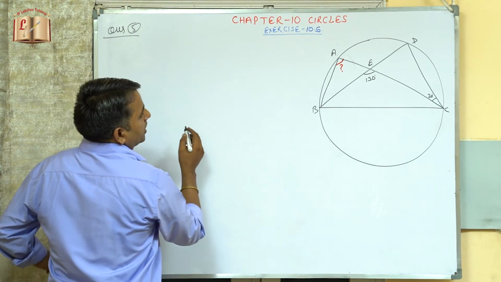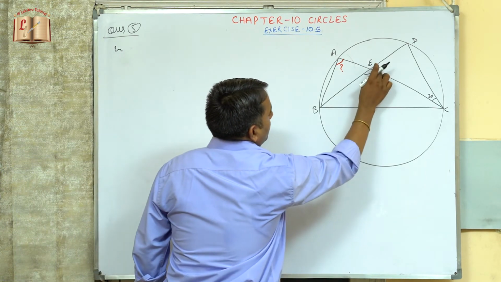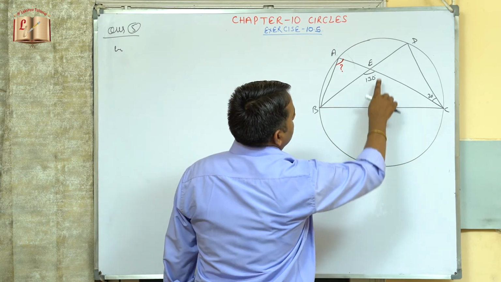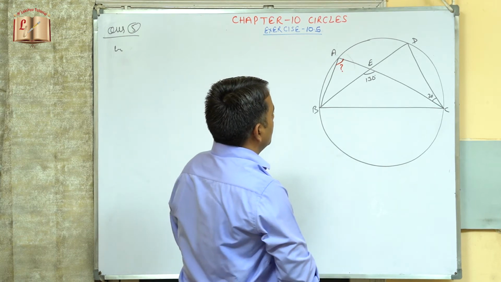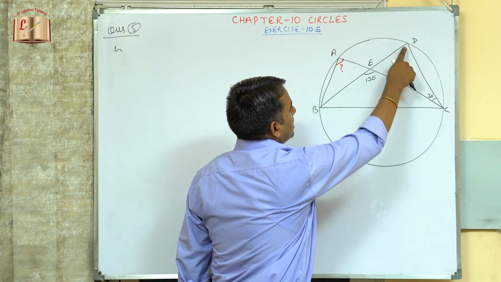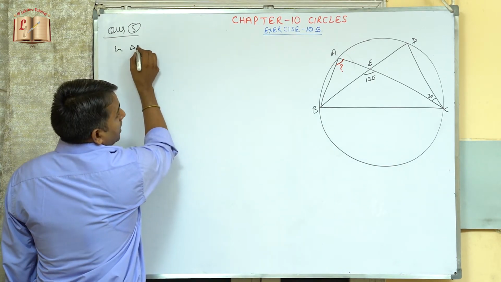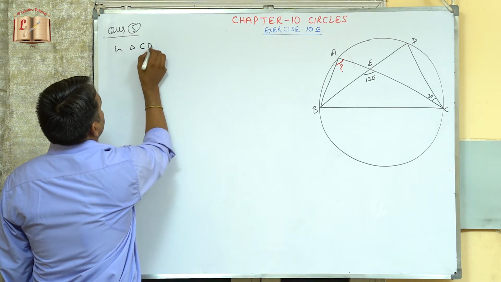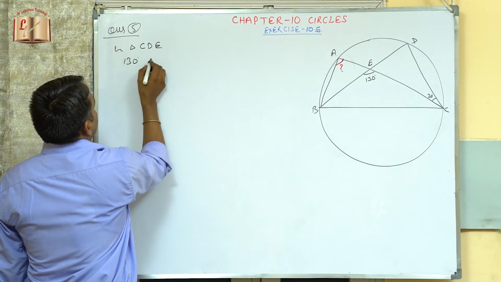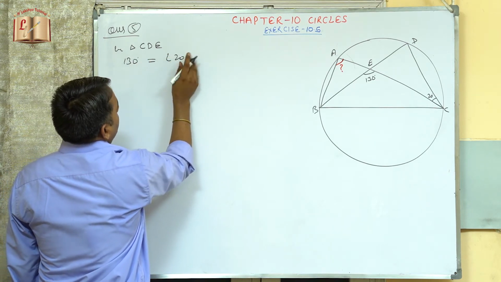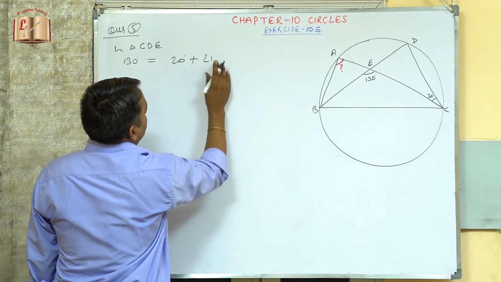So see, in triangle BCD, we can find out first of all this. This is the exterior angle actually. This plus this will be equal to this. Now in triangle CDE, angle 130 degree is equal to 20 degree plus angle BDC.